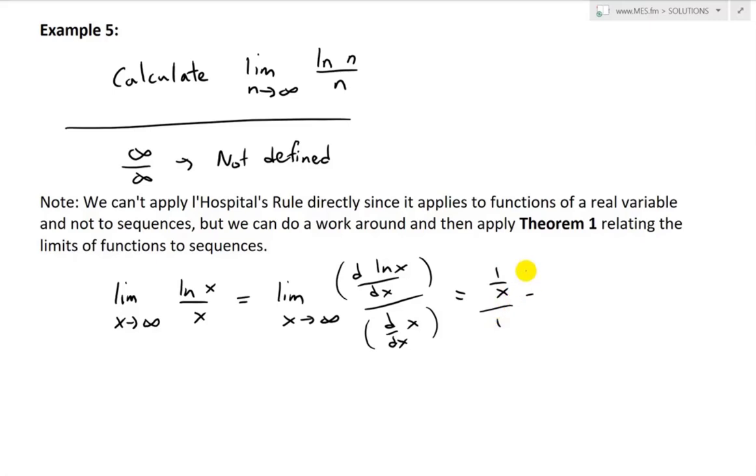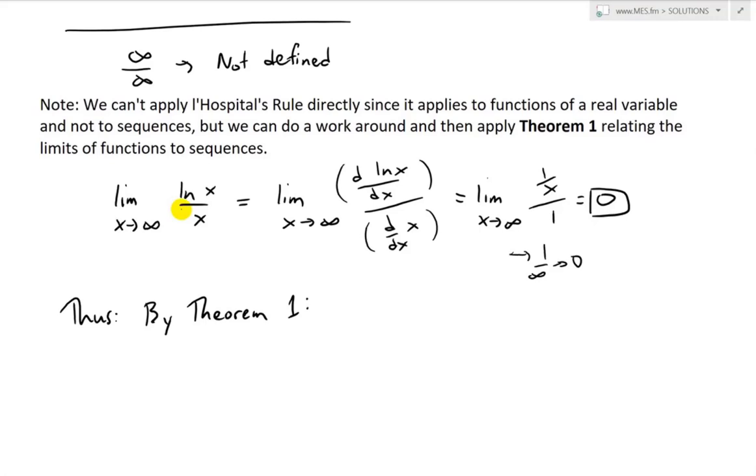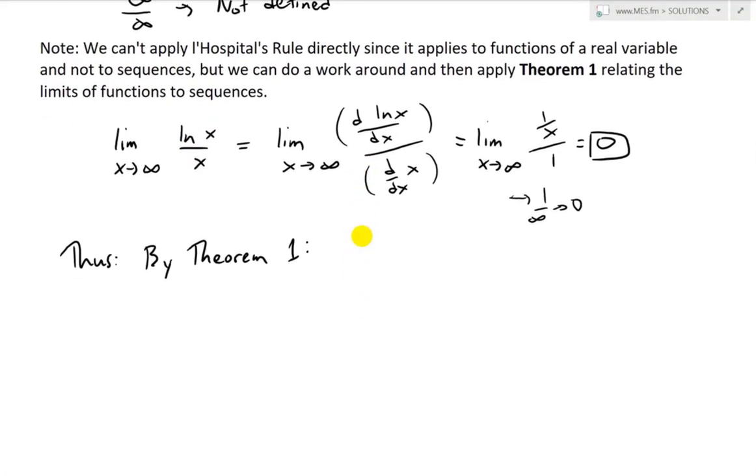So this becomes 1 over x over 1, in other words just 1 over x. Then as x approaches infinity, this becomes 1 over infinity, which approaches 0. So this becomes 0. Thus, by Theorem 1, because that's just a function and we convert it into a sequence, the limits are the same.